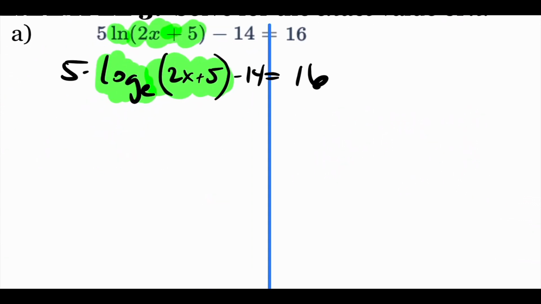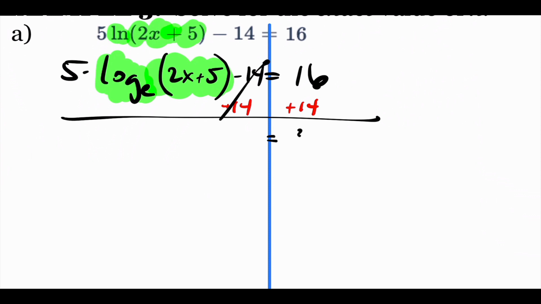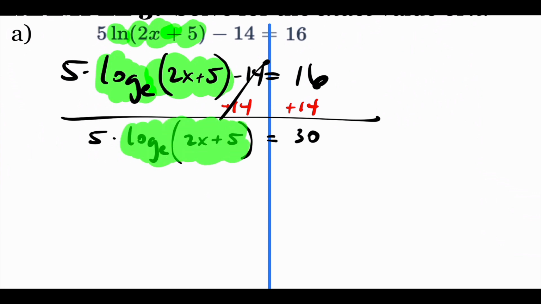How do I get rid of that minus 14? Add it to both sides. Add it to this and add it to 16. That makes positive 30.